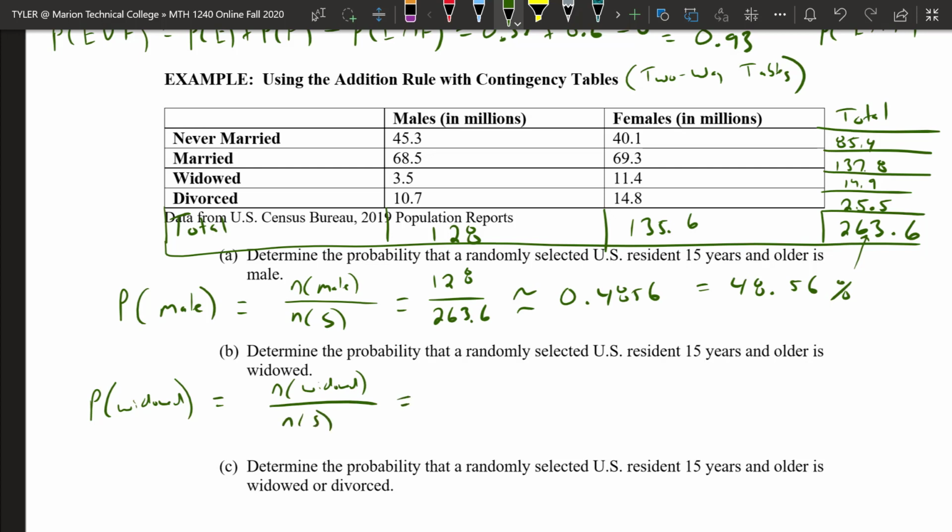That's the 14.9 number that we found, this value here that I highlighted in yellow, divided by the total things in my sample space, which is the 263.6 number. So this is approximately equal to 0.0565, which equals 5.65%.